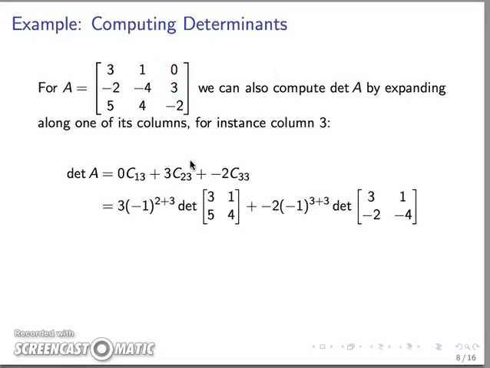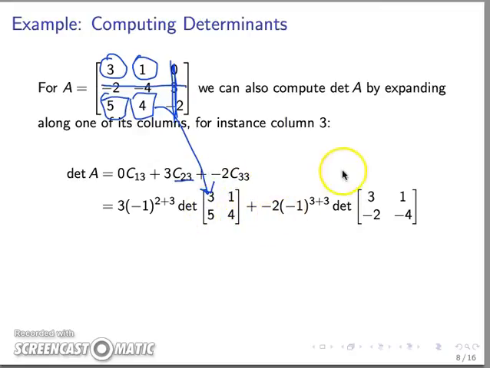For this cofactor, you're looking at the minor obtained by excluding row 2, column 3, which leaves you with the values of this 2 by 2 sub-matrix.